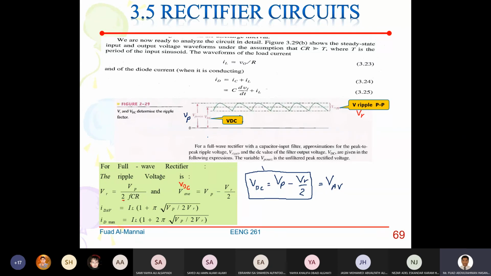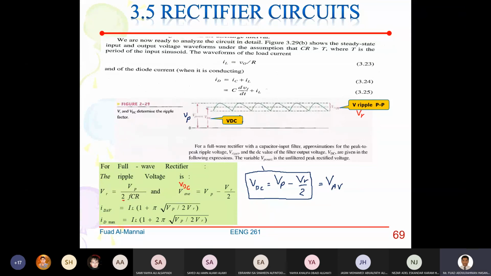Now, notice that VDC is not like before, which for the half rectifier is Vout max divided by pi. No, VDC, or Vaverage, will be much better. It will be over here.